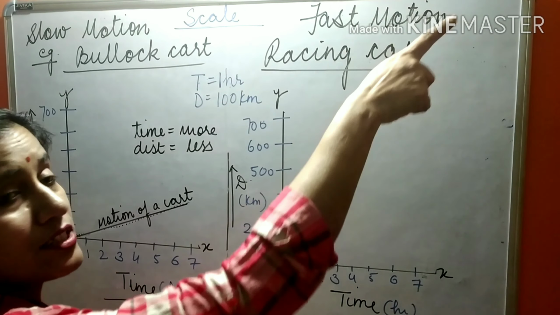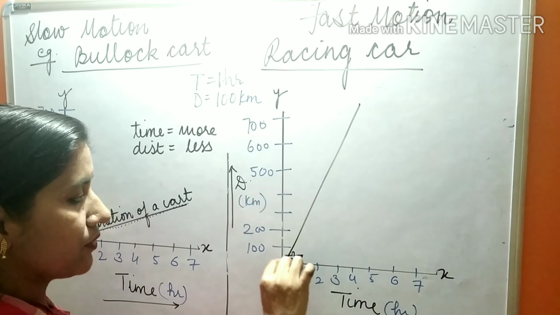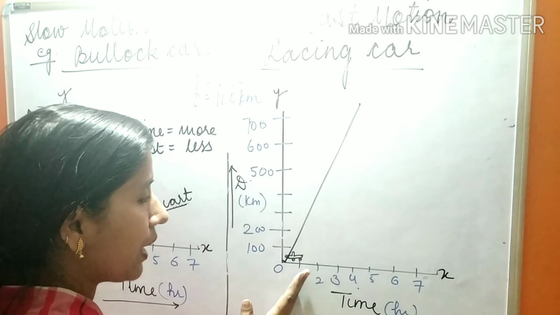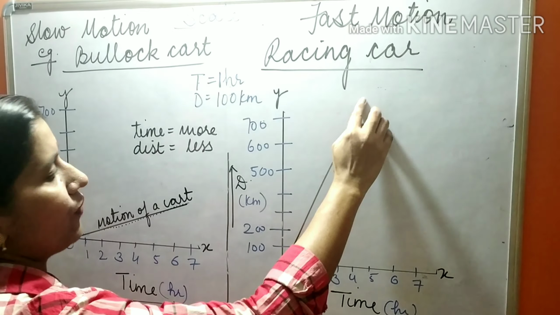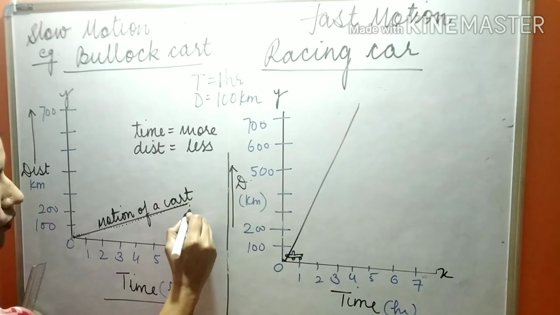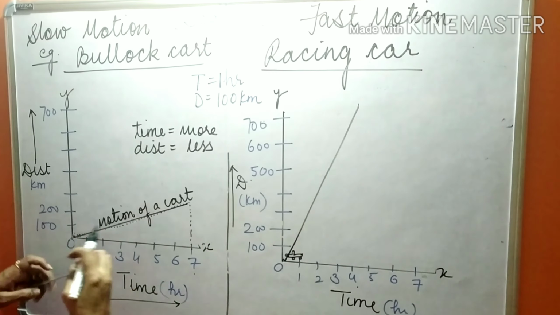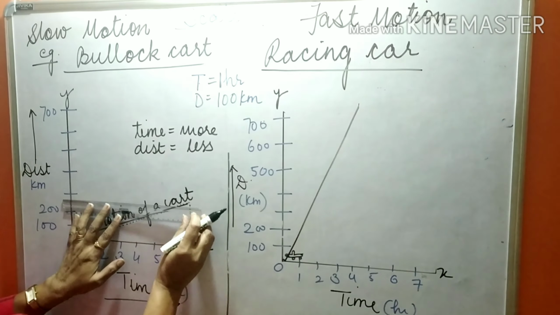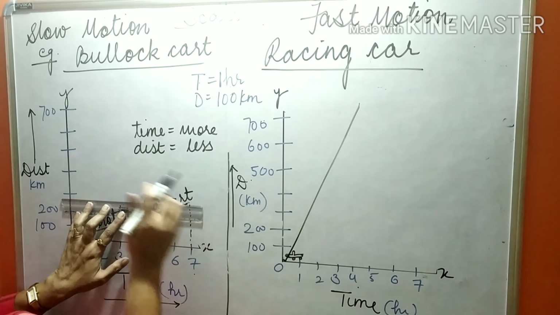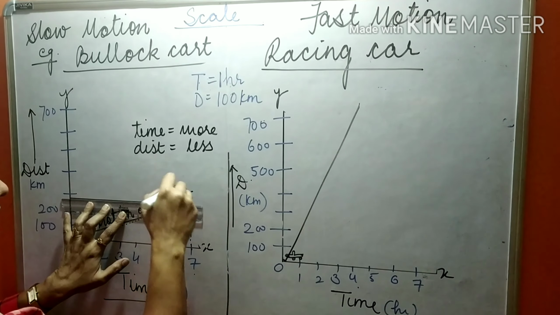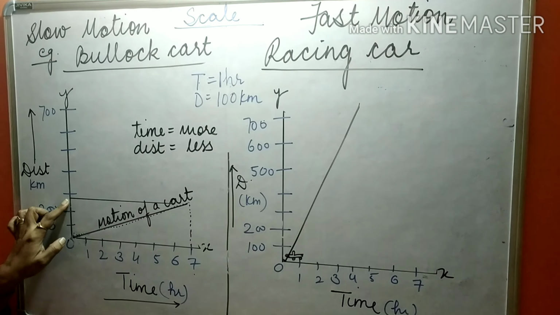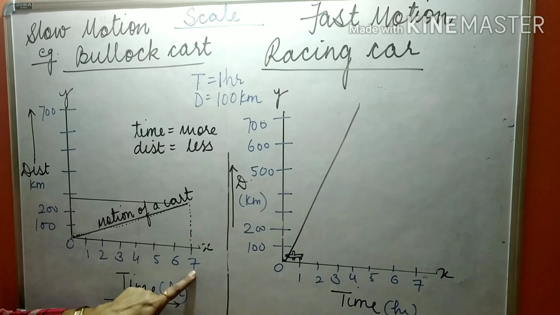Whereas in case of fast motion, the moment the race started, time will be less and distance will be covered fast. So let's see, when it comes to 7 hours, it has covered a distance of only 250 kilometers in 7 hours.